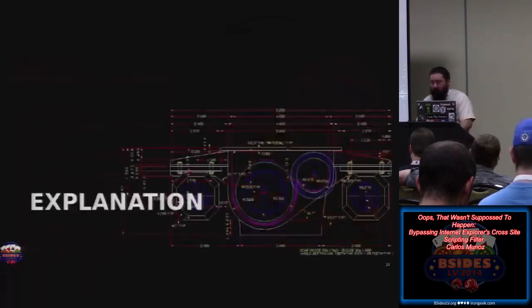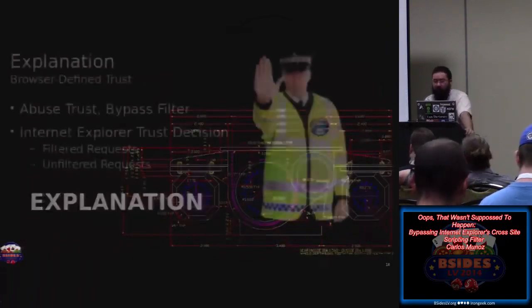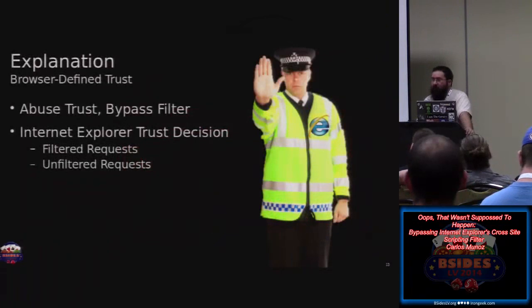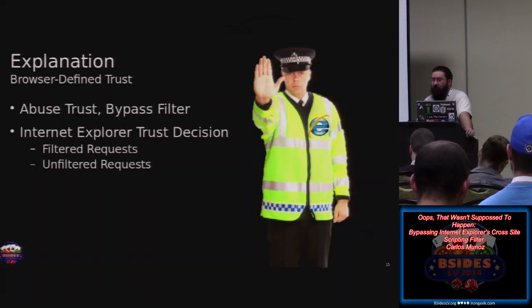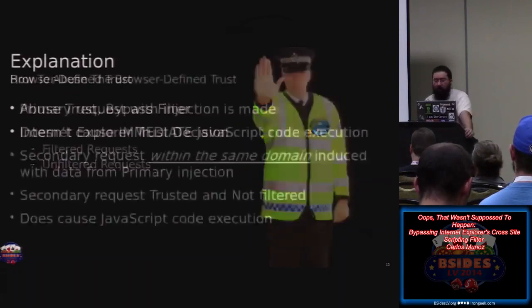So what is going on in the bypass? The cross-site scripting filter has a trust model, and we can abuse that trust model to bypass it. The filter decides which requests are going to be subject to checking and which requests are just going to be let through. So what's going on?